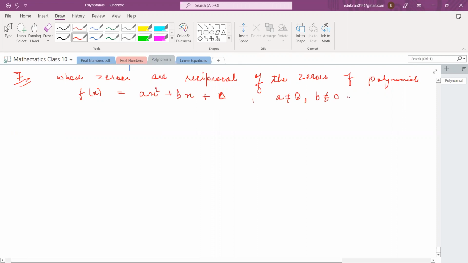This is the question. So I have not written it completely. Find the quadratic polynomial whose zeros are reciprocal of the zeros of the polynomial f(x) is equal to this. Clear?